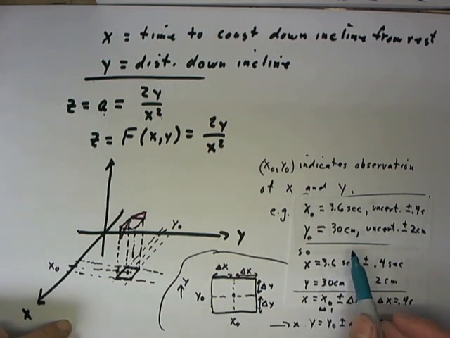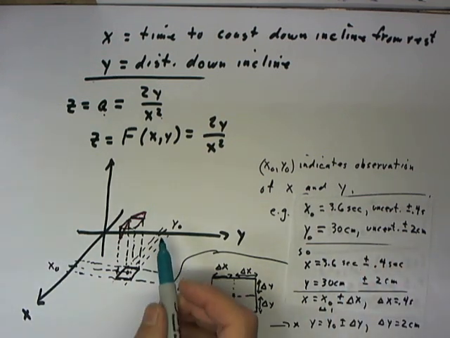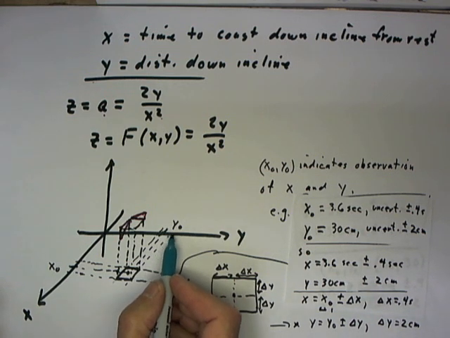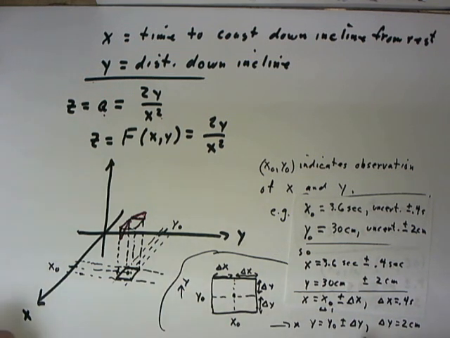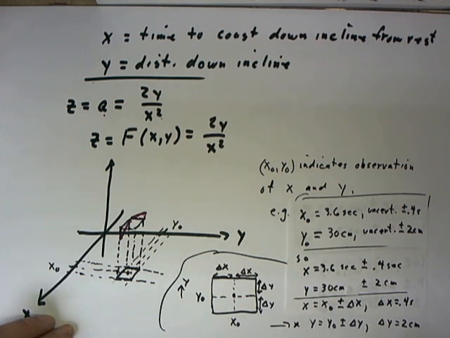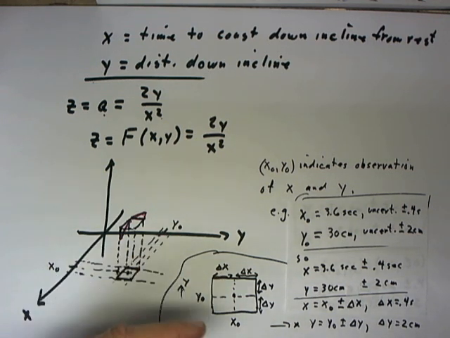Similarly, y is observed to be, let's say, 30 centimeters. So we have a y naught and we have a plus or minus a delta y. In this example, y is going to be y naught plus or minus delta y, with delta y equal 2 centimeters, y naught 30 centimeters.